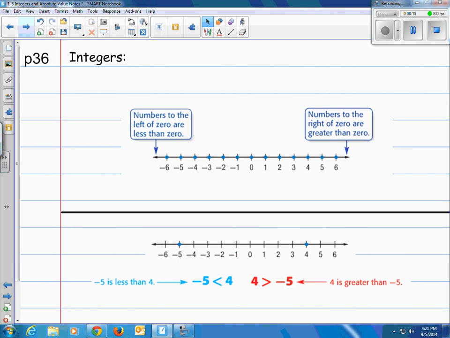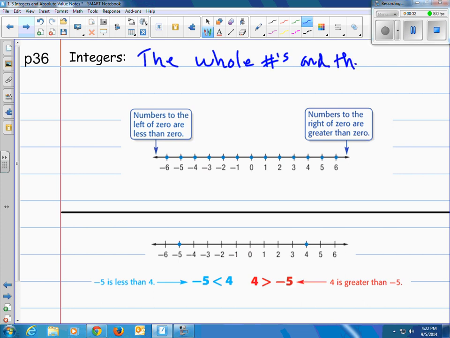First, we need to discuss what integers are. Integers are the whole numbers and their opposites. What does that mean? Well, if you take a look at the number line here, every one of these numbers right here are integers.